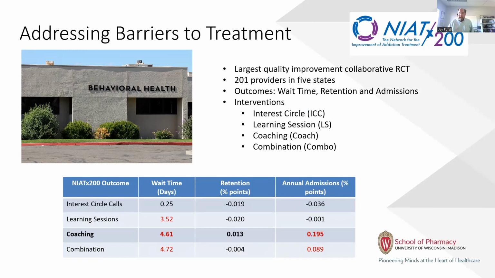And we were able to find that coaching was actually the most cost-effective implementation strategy for reducing wait time and increasing admissions. So as my research has evolved from the work with NIATx, I've still been using those same principles and the same health systems engineering toolkit to move forward and expand that research.